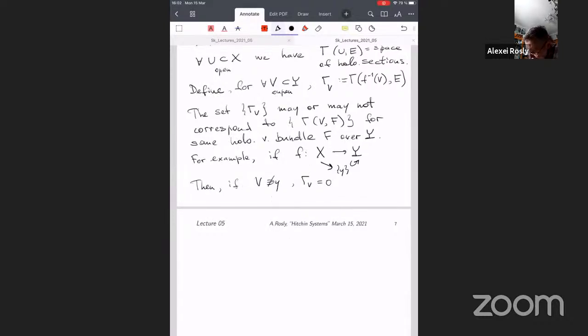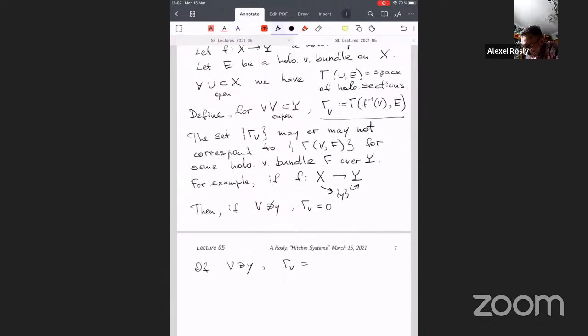If V does contain the point, then gamma V is, who can say what it will be? Look here.